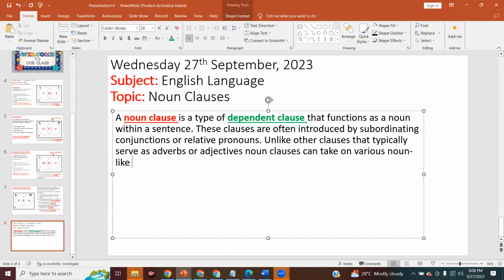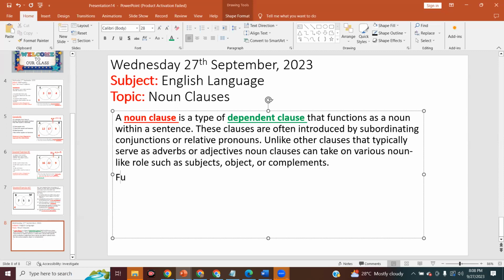So it acts like a noun in a sentence. All right. Such as subjects, objects. What about predicates? I mean, my bad. I forgot it says objects. Or complements. Okay.